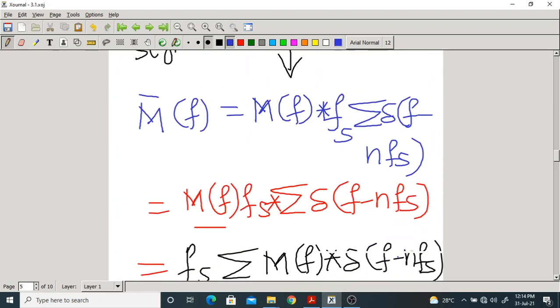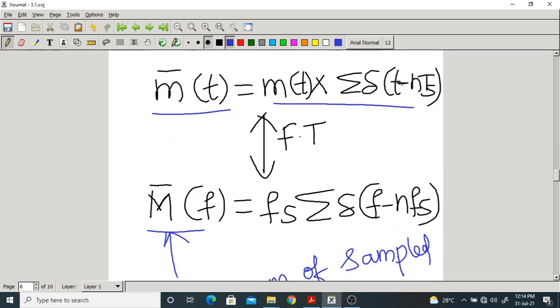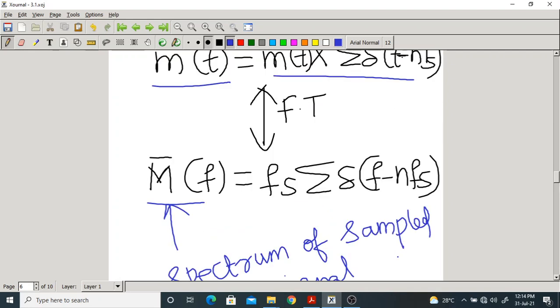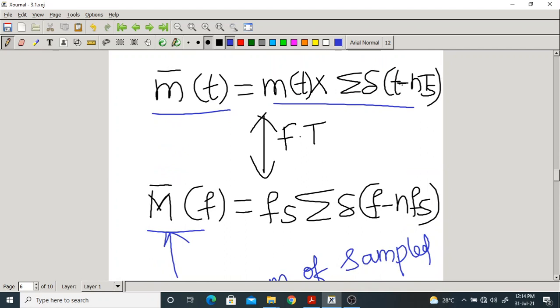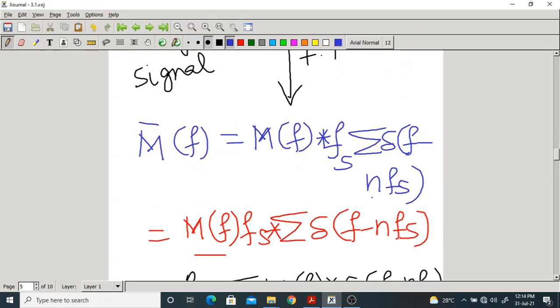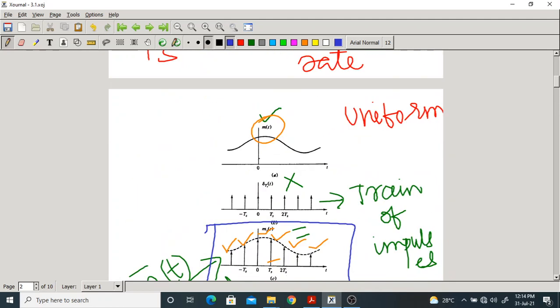That equals fs summation, here I have written a mistake, here it should be summation m of f minus nfs. What is m of f? That is the Fourier transform of this signal. If you take the Fourier transform of m of t, you get m of f.